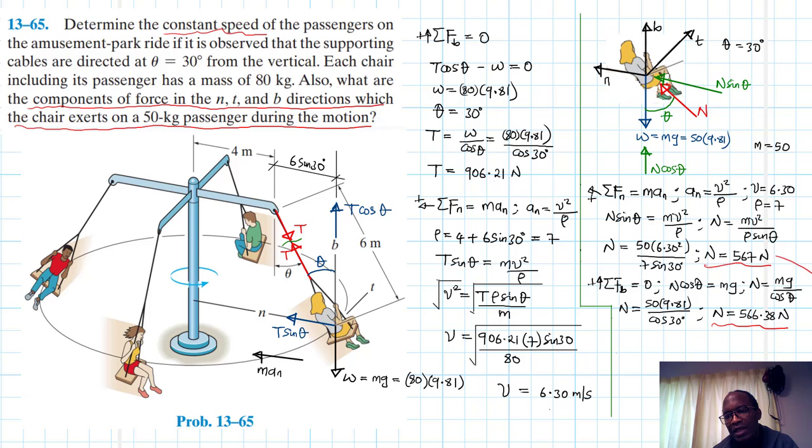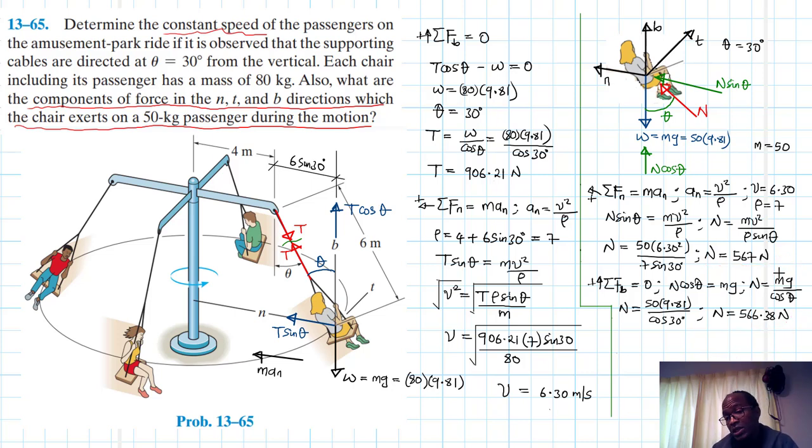I'm sure maybe you are wondering why we have two different answers of N. Ideally, these are supposed to be the same. The difference is mainly due to the round-offs that we did in our calculation. We did round-offs for the tension in the cable and in the speed, and these had their own compounding effects on the final answer.